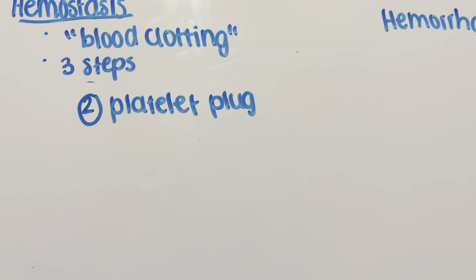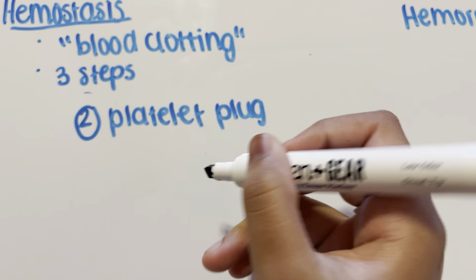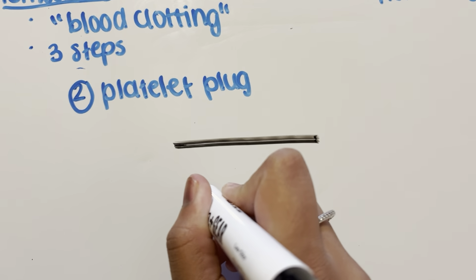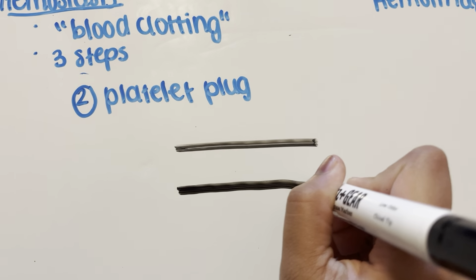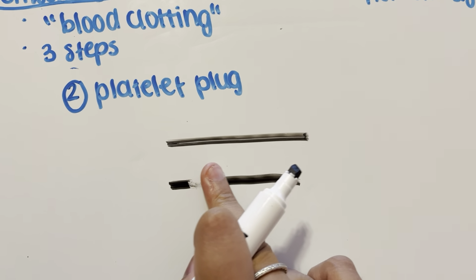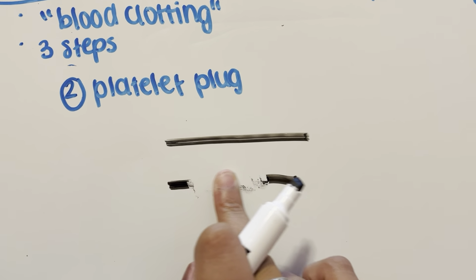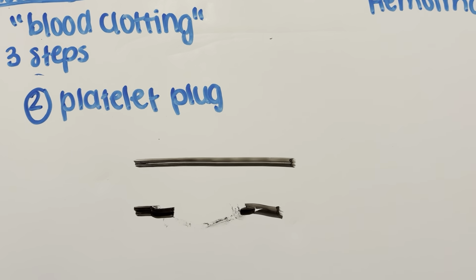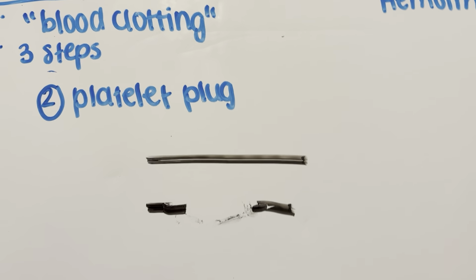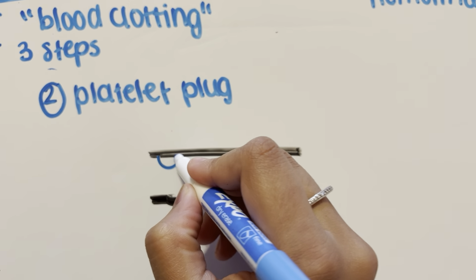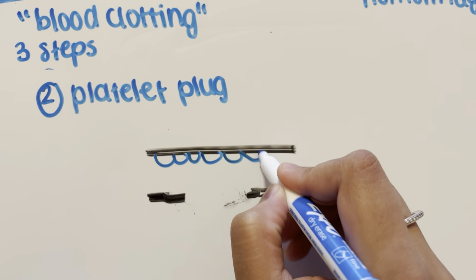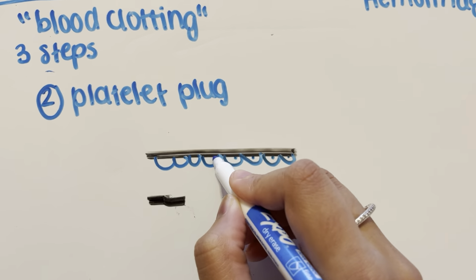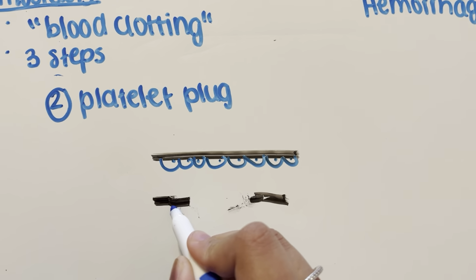So during platelet plug, let's remember to just draw it again, because it's very important. Remember, it's reduced compared to how it was. So my blood vessel is going to be reduced, or smaller. And what I'm gonna have here is, remember, damaged epithelium right here, simple squamous epithelium, damaged connective tissue on the outside.